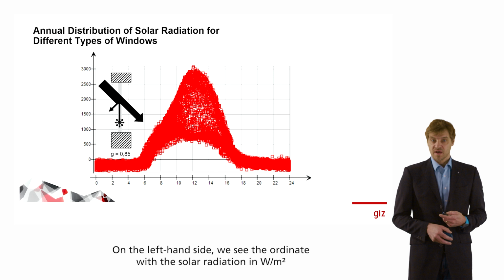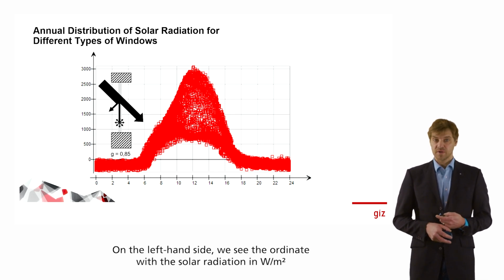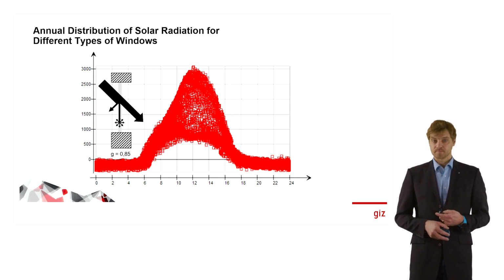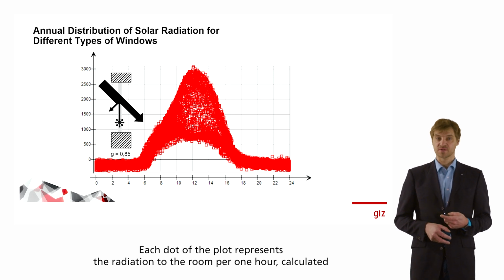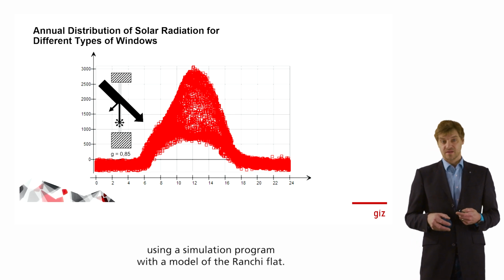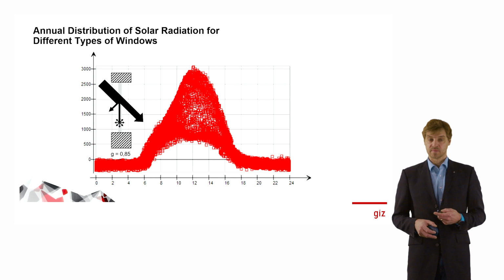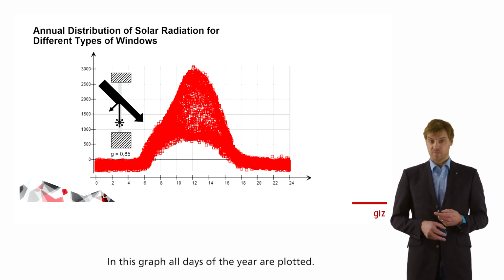On the left-hand side, you see the ordinate with the solar radiation in watt per square meter, and on the abscissa, the hours of each day. Each dot of the plot represents the radiation to the room per 1 hour, calculated using a simulation program with a model of the RANCHI flat. In this graph, all days of the year are plotted.